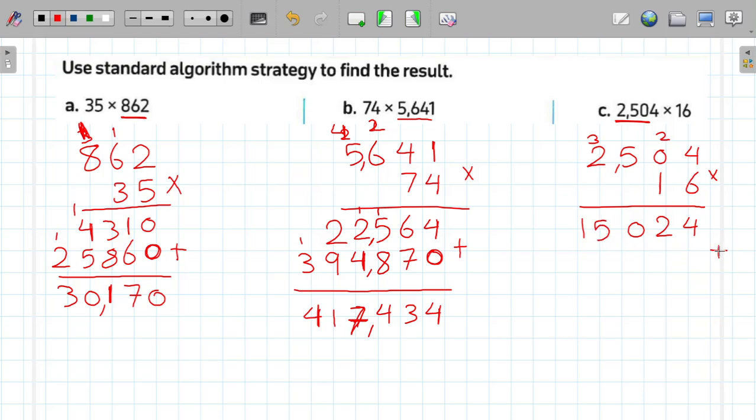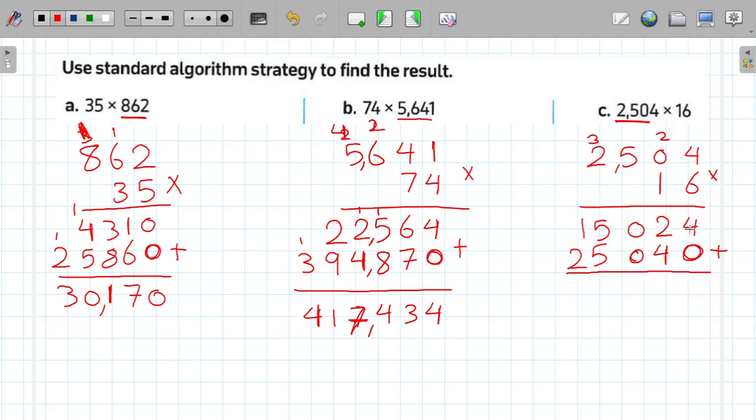Next, I will write the plus sign and 0 in one's digit. So 1 times 4 equals 4. 1 times 0 equals 0. 1 times 5 equals 5. And 1 times 2 equals 2. And I will add two numbers together.